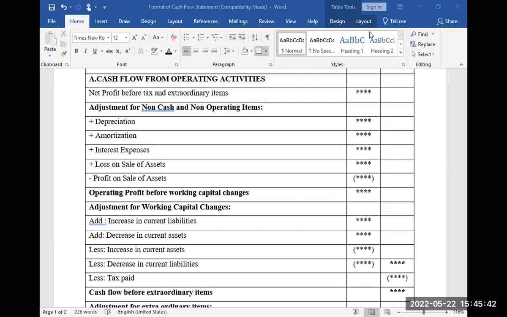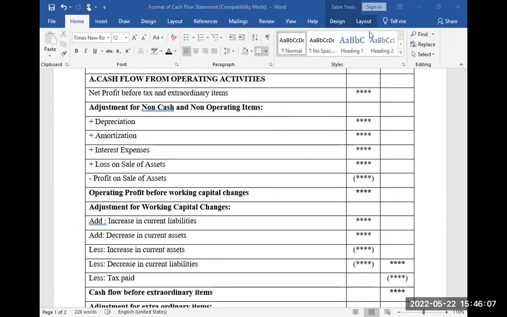Our liabilities are increasing. The amount is not paid, cash has not gone out. We delayed the payment. Outflow is delayed, so that amount is with us. That is why we are adding.